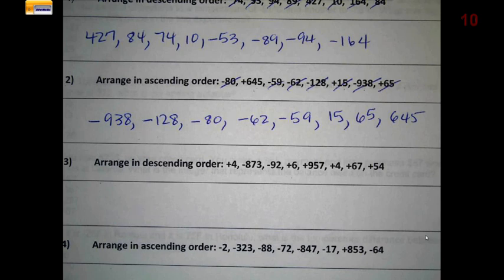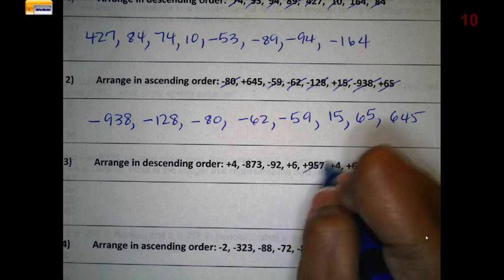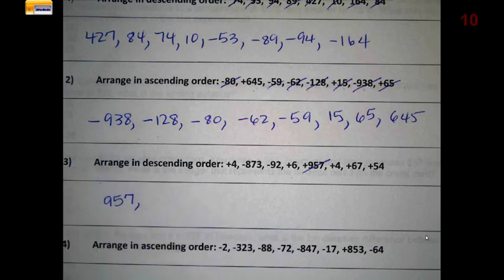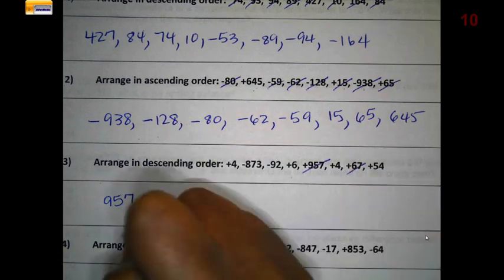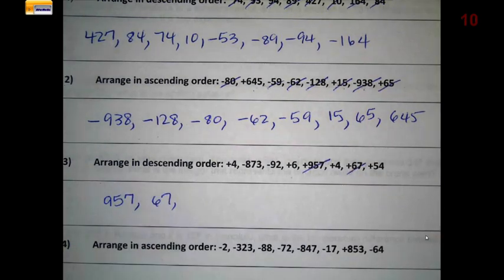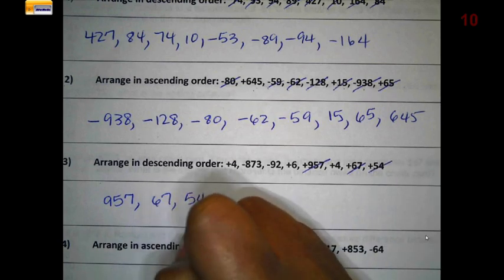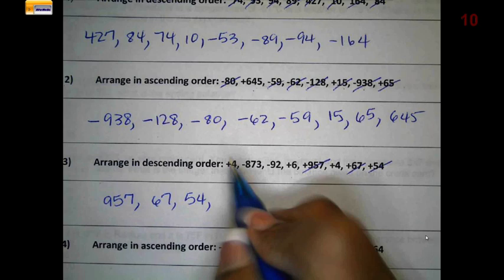What should come first in number 3? 957. Okay, and then what? 67. Then what? 54. Then what? 6.